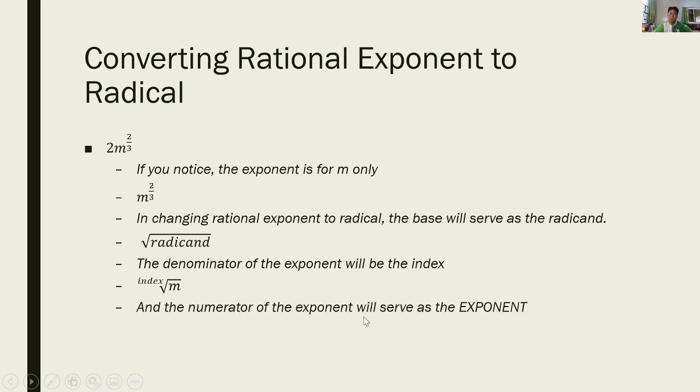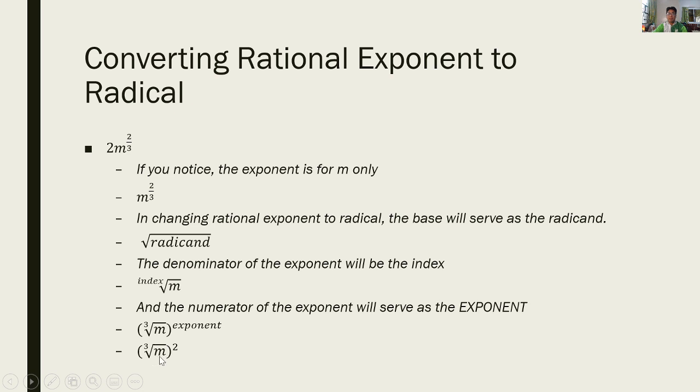Okay? And the numerator of the exponent will serve as the exponent. Yung numerator daw dito sa rational exponent natin will serve as the exponent nito lahat. Which means, ayun, cube root of m, exponent ng lahat. Ano nga ito? Anong value? 2. Ito yung kalalabasan. So para sa m raised to 2/3, our answer will be, if we will be converting it into a radical, that is the square of cube root of m.